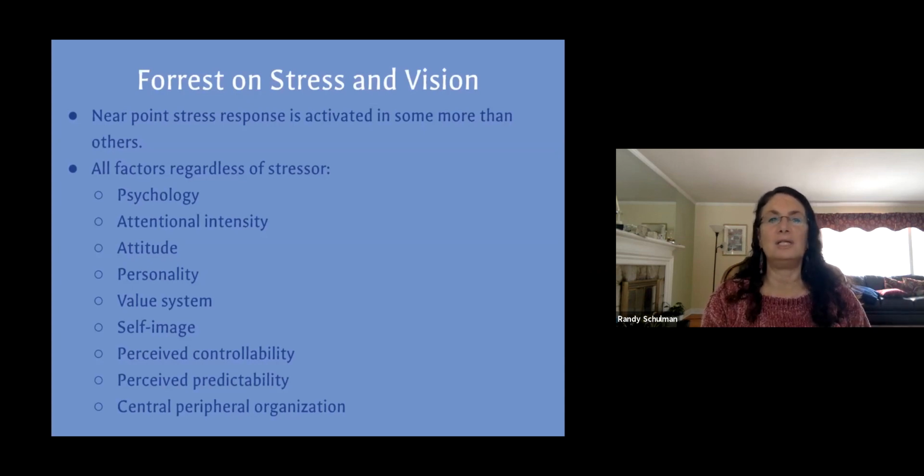So psychology, just their general psychology, their thought patterns, how intensely they attend, their general attitude, personality, value system, their self-image, looking good by studying hard, and then perceived controllability, perceived predictability, and then generally their central peripheral organization.